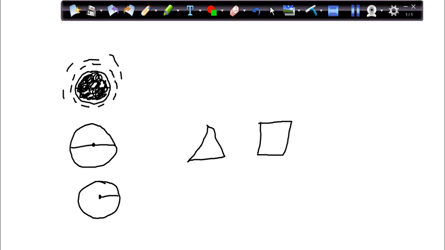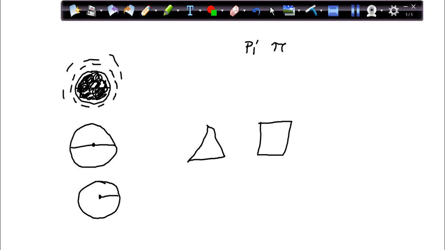And you'll see pi expressed this way. Letter pi, or the Greek symbol pi. Okay?